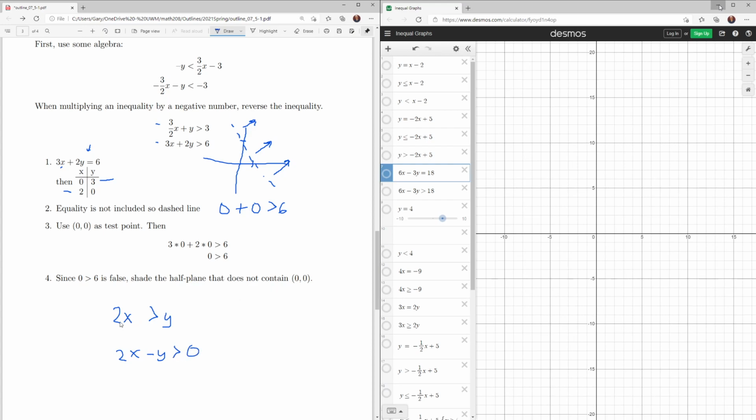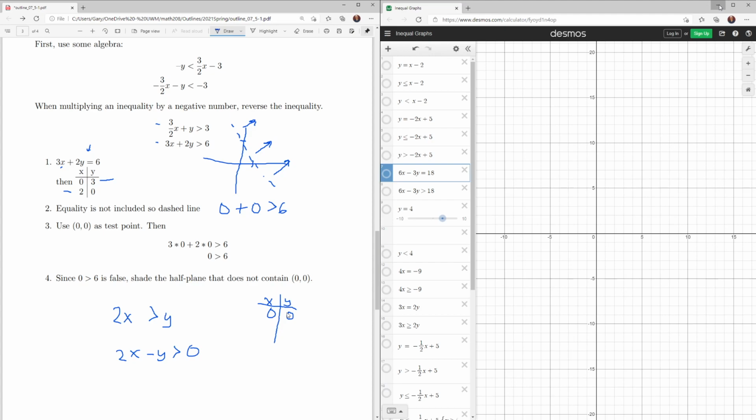If we pick 2 points, when x is equal to 0, y is equal to 0, so we only have 1 point. We know it goes through the origin, so we know we have a point 0, 0.